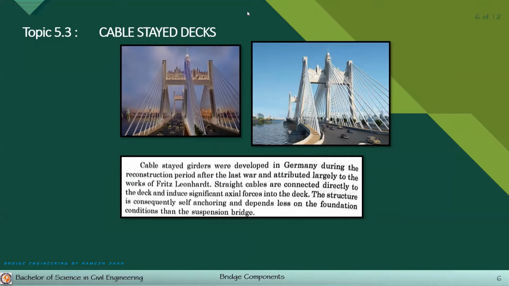So the difference between the designs is that cables hold the deck by connecting it directly to the support pillars instead of using suspending wires or cables to stabilize the span, just like sa ating suspension bridge na ating pang ikatopic.